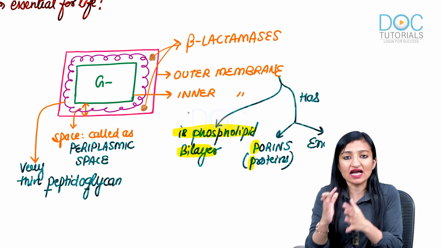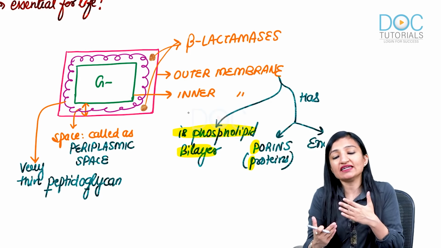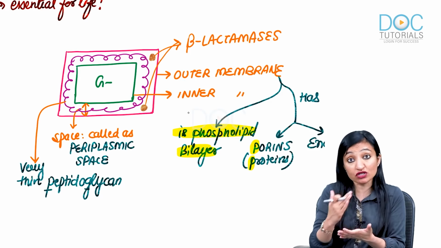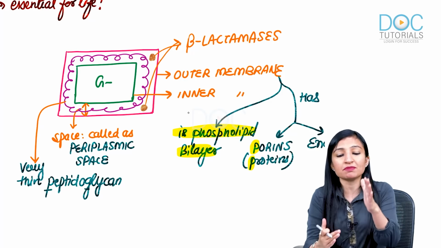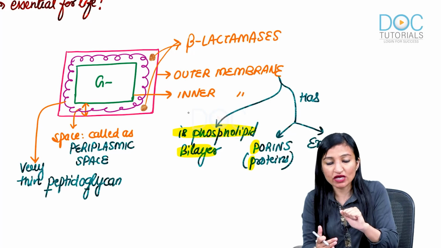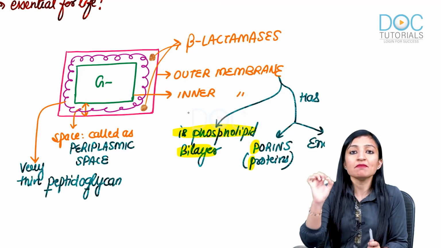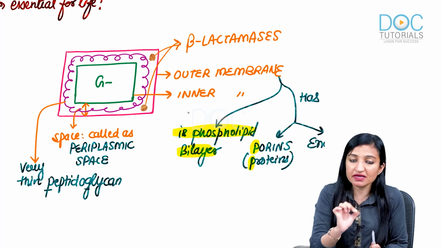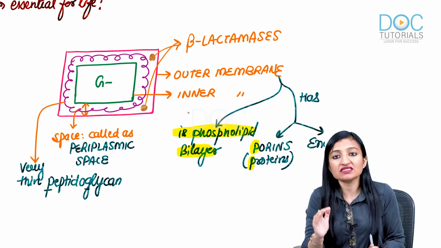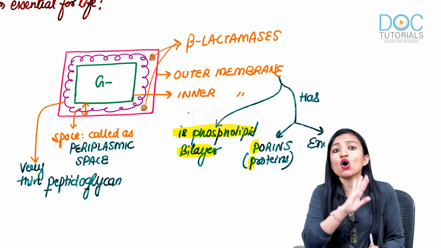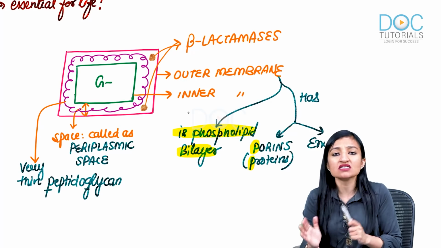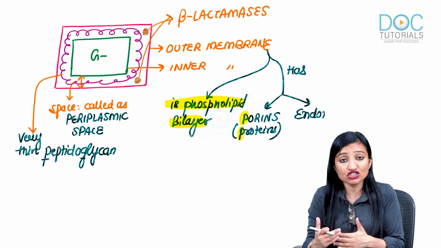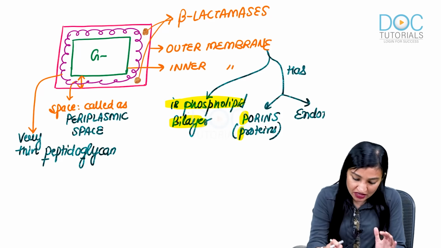So when these organisms infect an individual and that individual is taking beta lactams, the patient won't respond to these beta lactams by virtue of the beta lactamases being produced by these bacteria. So remember, in gram negative organisms, beta lactamases are located in the periplasmic space. But also remember that beta lactamases are not present in all gram negative organisms, only in some of them. So this is the extra edge about the gram negative structure.